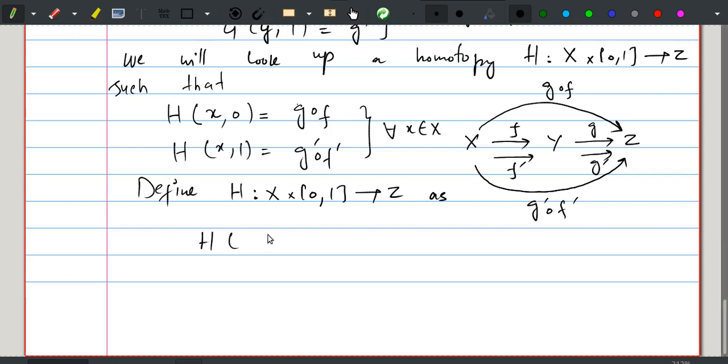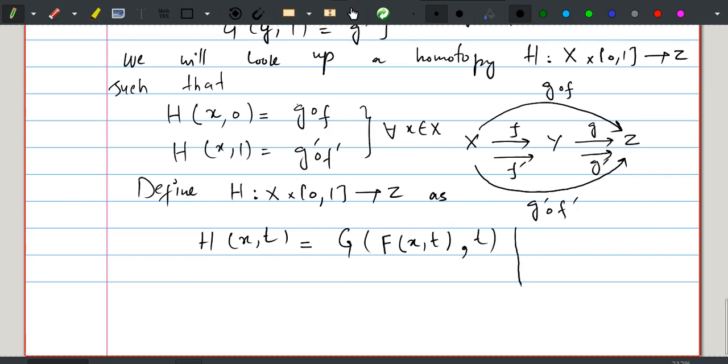We take this pair (x,t), where x is from X and t is from the interval [0,1]. We define this to be the homotopy G with first component F of (x,t) and second component t. Note that this homotopy is well defined.